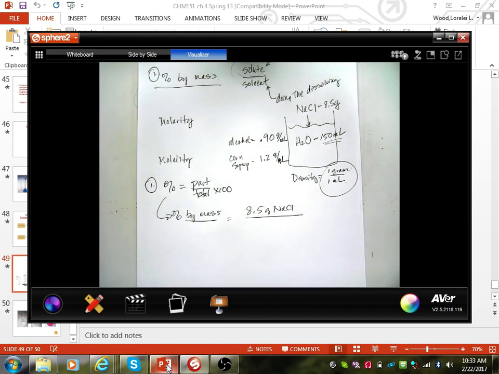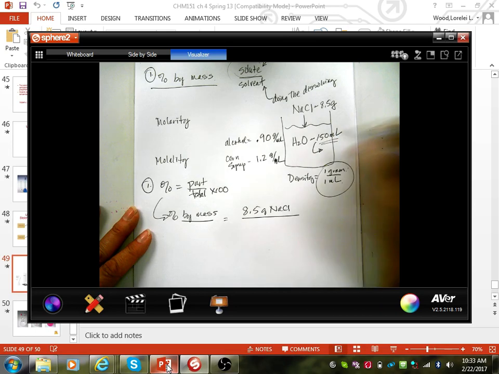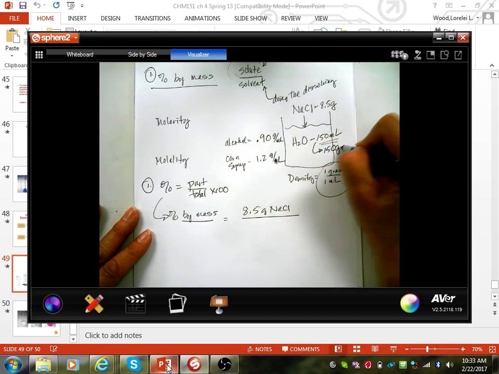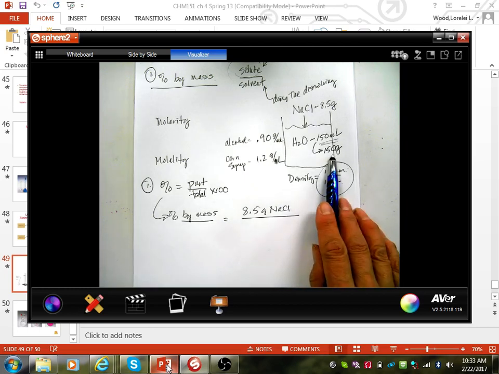So if I've got 150 mils of water, how many grams is that equal to? 150 grams. All right. So that's the first piece of information I need in order to decide on what my total is. Is that my total? No, it's not. I need the total of the entire solution, including the solute. So what's the total of the entire solution, including the solute?